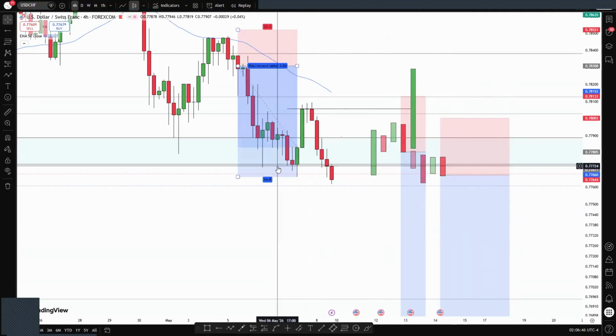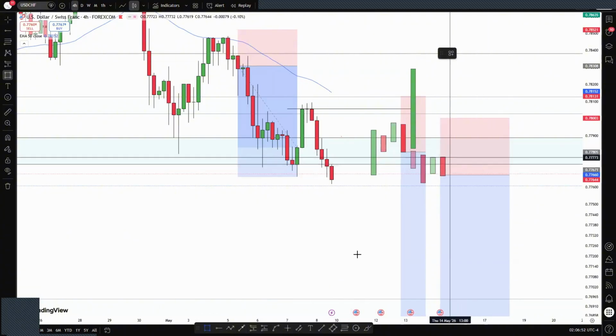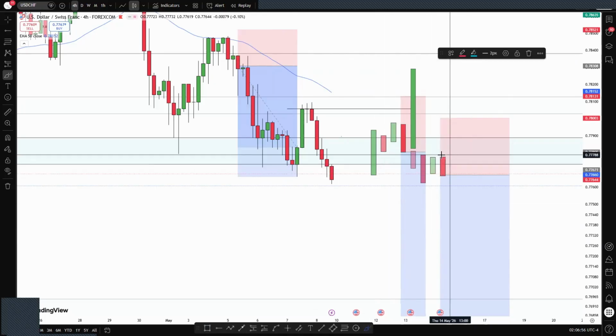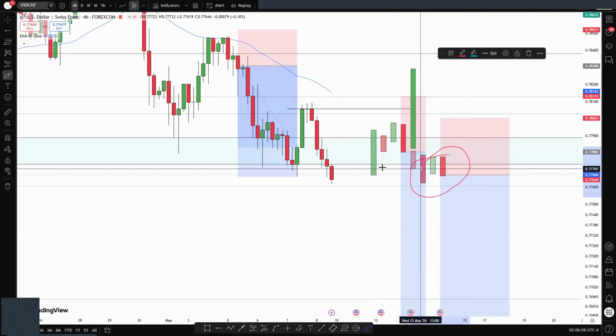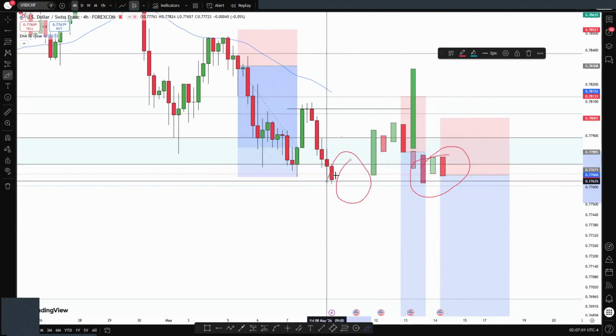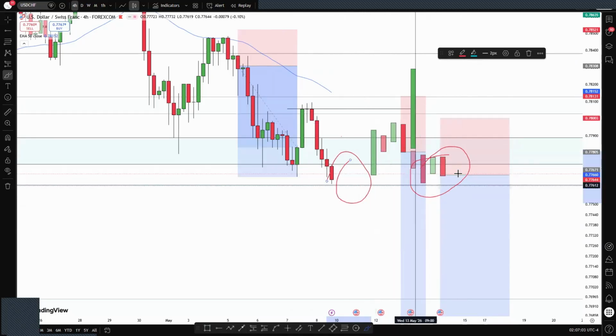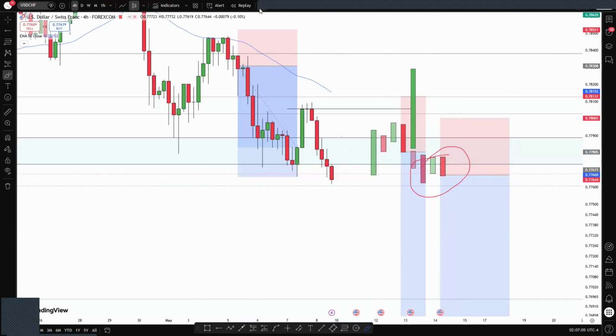So for me, what I'm trying to tell you here is if price won't give me a retest at this level, like the way it's done at this level here, I won't sell. I'll wait until price gives me a full confirmation for me to sell.